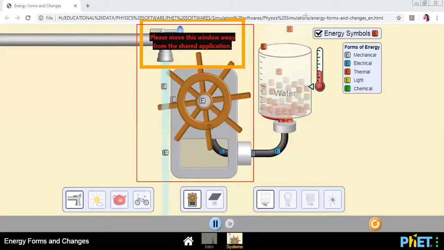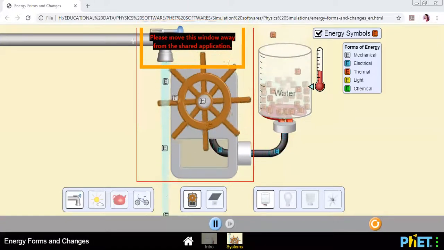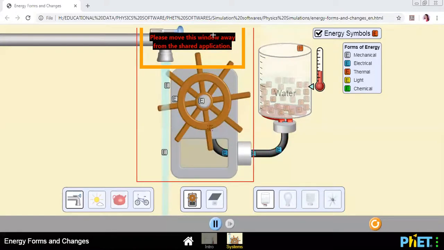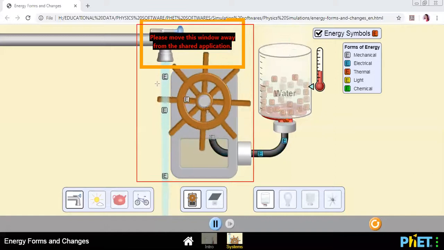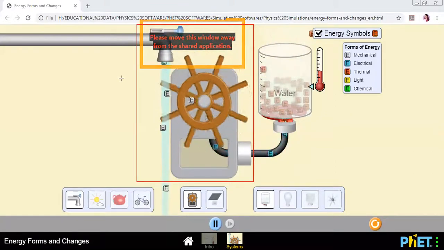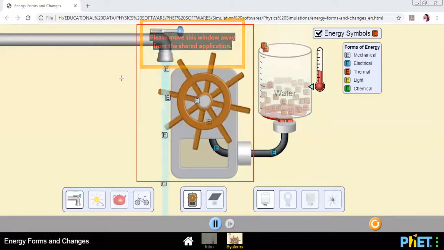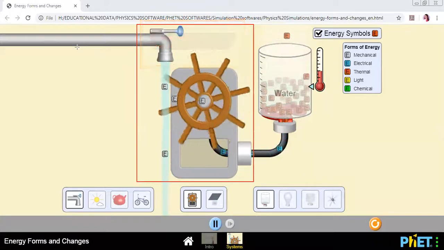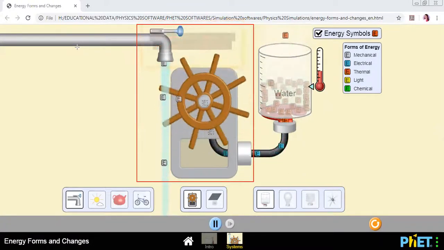What happens in the hydroelectric power plant is that water is stored in the dam and allowed to fall from a height, and that flowing water has kinetic energy, and obviously it has mechanical energy because it has potential as well as kinetic energy.